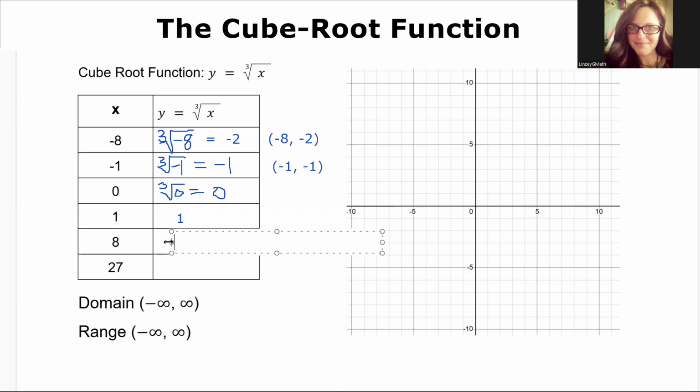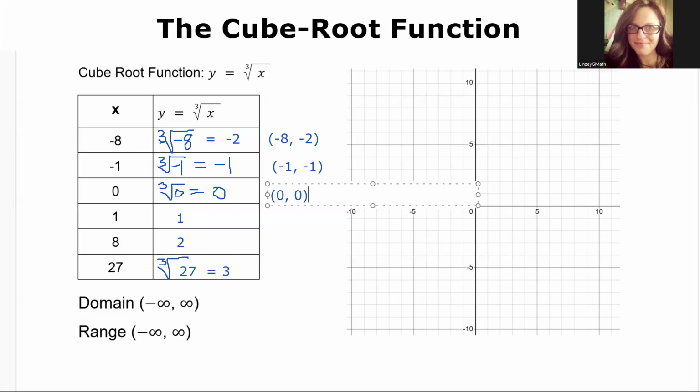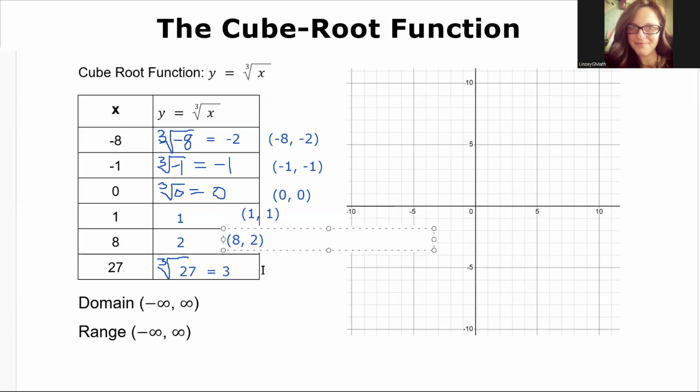The cube root of +8 is 2. And the cube root of 27 is 3. And we get a couple more points on our graph. And 8 comma 2 and 27 comma 3.